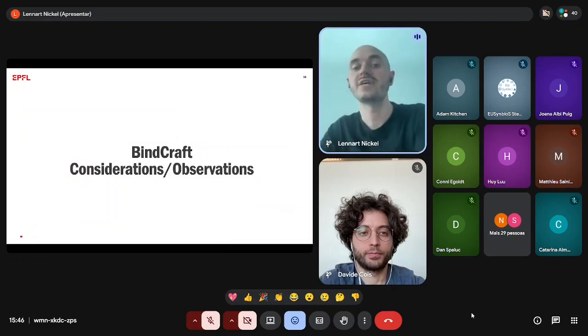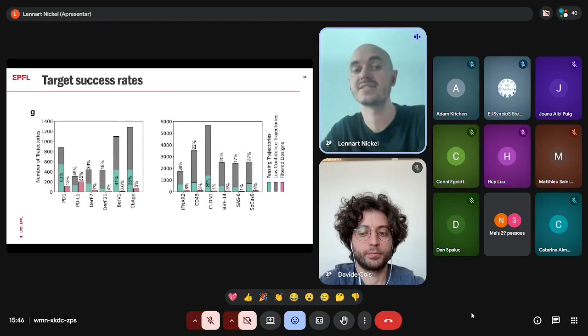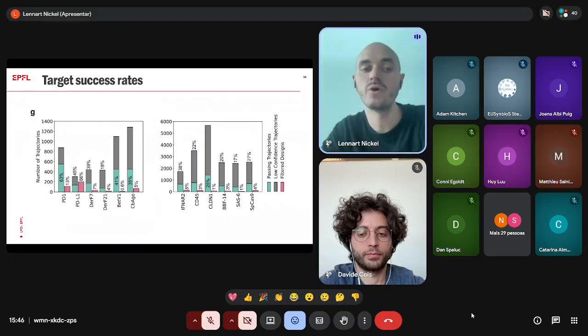Now, there are some considerations and observations for BindCraft that we have made post hoc. One of them being that the success rates are dramatically different in silico for different targets. For example, PD-L1 has been a fantastic target. It was very easy to get passing binders.